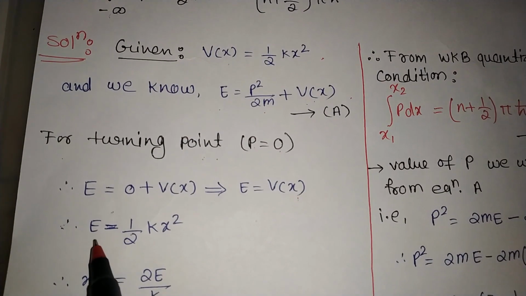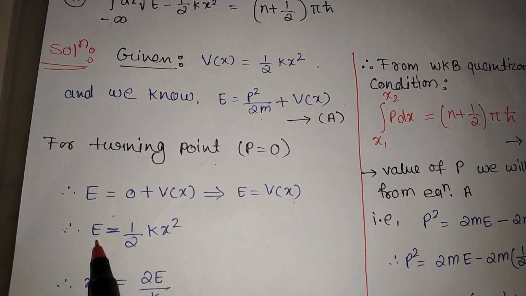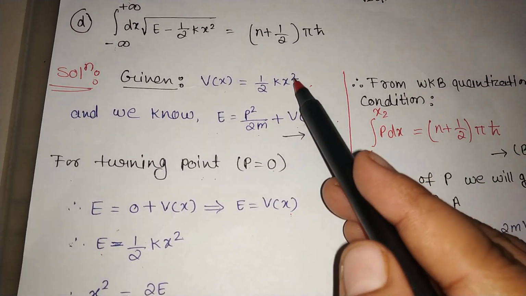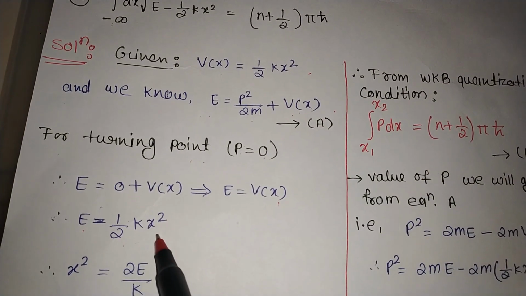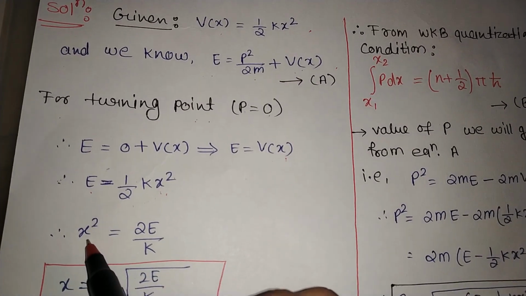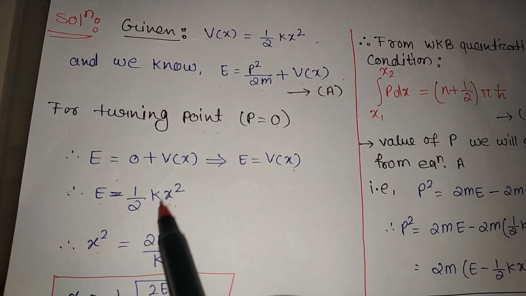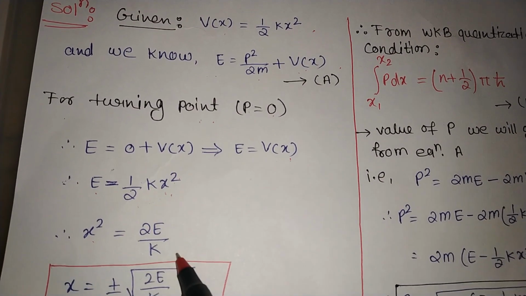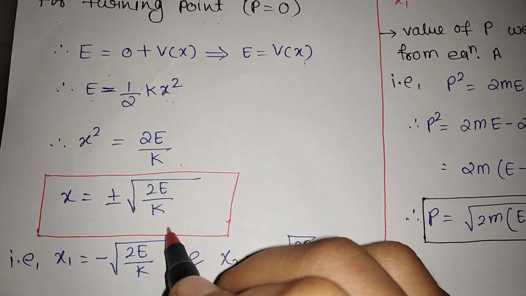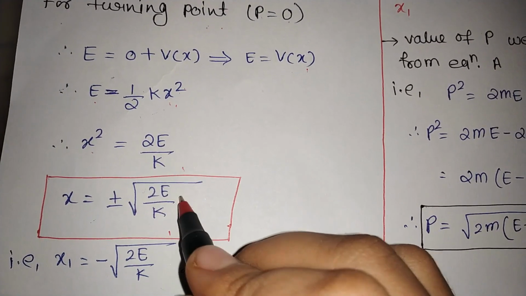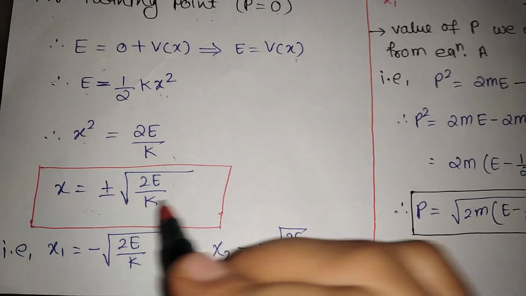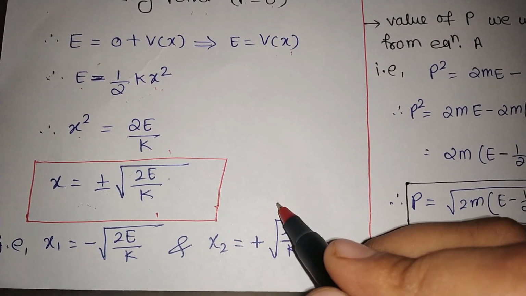Clear? So energy E will be equal to half kx square, because the potential we have been given is half kx square. From this equation we can get the value of x: x square will be 2E by k, and x will be plus or minus root of 2E by k. Plus or minus means one value of x with a negative sign and one with a positive sign.